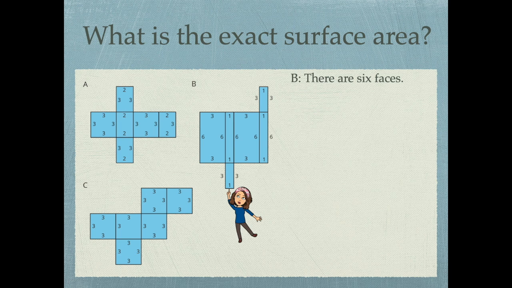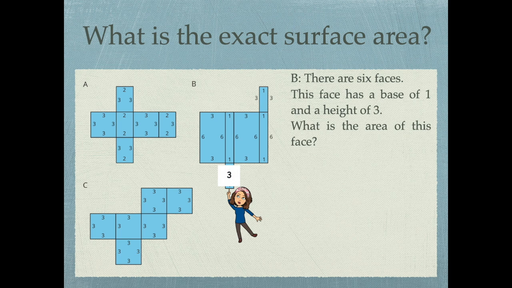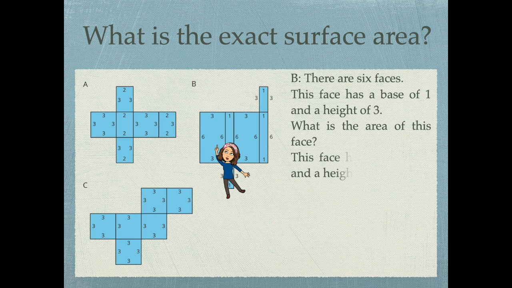This bottom face has a base of 1 and a height of 3. So 3 times 1 is 3, so the area of that face is 3. Now let's look at this face. On this face, the base is 3 and the height is 6. So 3 times 6 is 18, so the area of that face is 18.